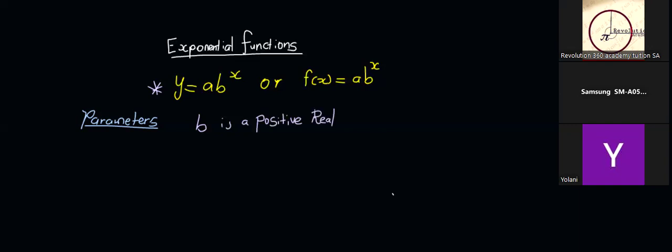Each and every graph, whether it's a straight line graph, parabola, exponential function, or hyperbolic function, has what we call parameters. So on y equals a times b to the power of x, or f of x equals a b to the power of x, we know that b is a positive real number other than one. When we say positive real number other than one, there's no way the value of b can be one.